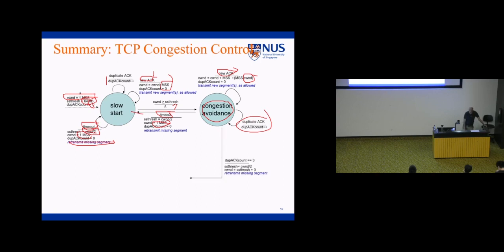The other thing that can happen is, let's say you're in congestion avoidance and you get 3 duplicate acknowledgements. In this case, what do we do? We retransmit the missing segment, we change our congestion window to half, and we change our SS threshold to half the congestion window. And then there is this one funny thing here in this line.